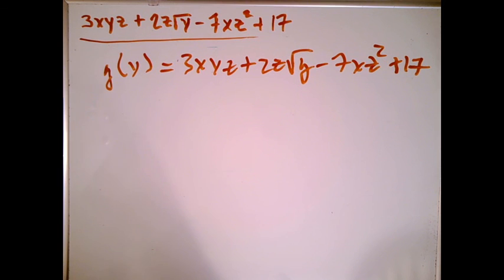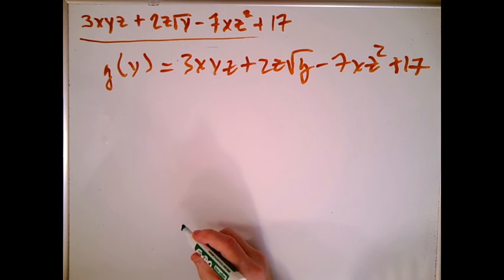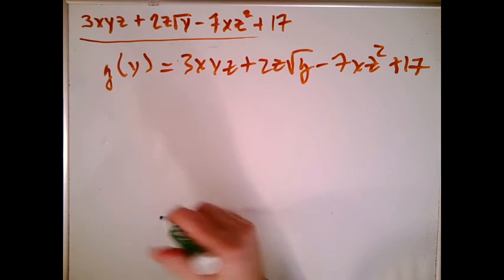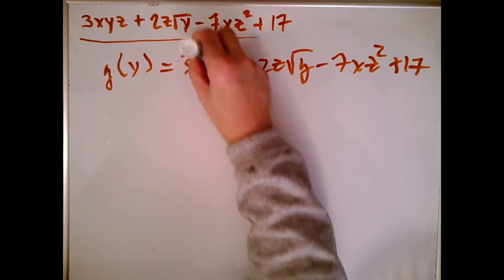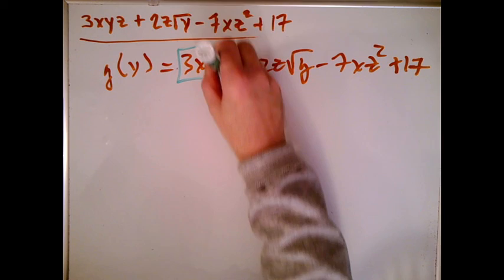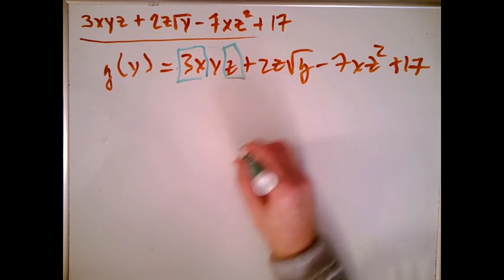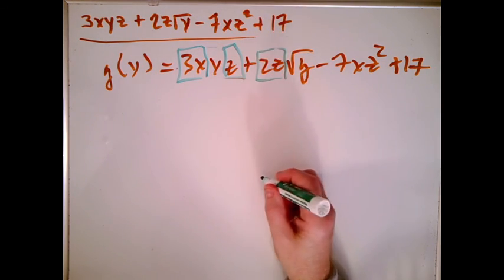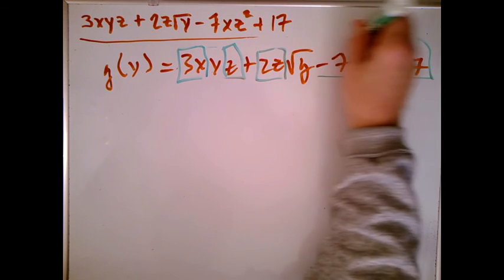Now, I can proceed as before, and it really can't hurt, so I'm going to try that. Everything that's a constant, once y is the only thing that can vary, is a constant. That's a constant. That's a constant. And all of this is a constant.